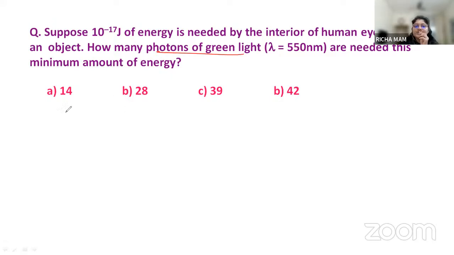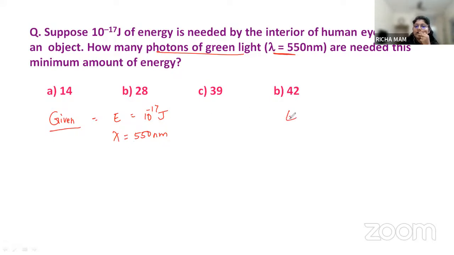Energy is given: energy is 10 raised to minus 17 joules. Then lambda is given: lambda is equal to 550 nanometer. They have asked how many photons are required.